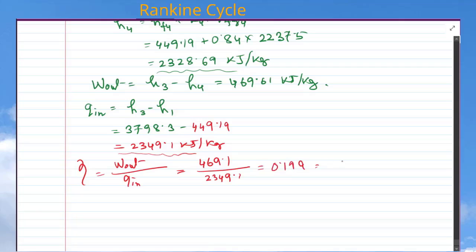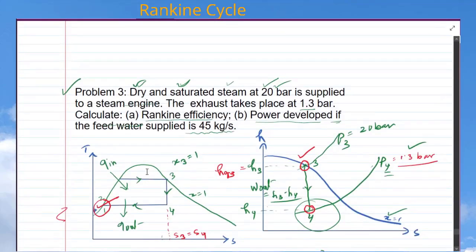That means the Rankine efficiency is 19.9%.